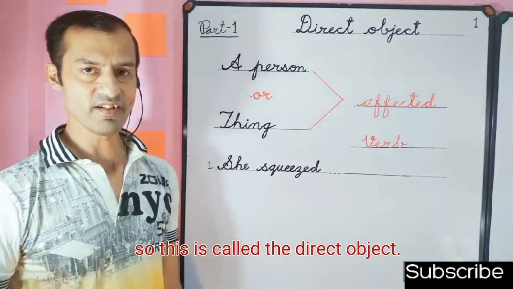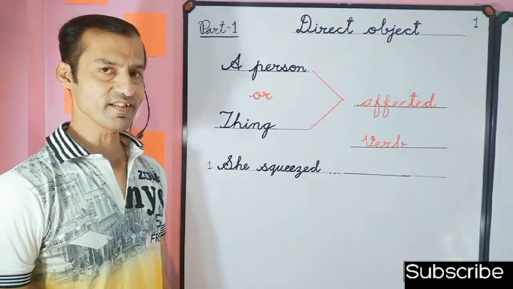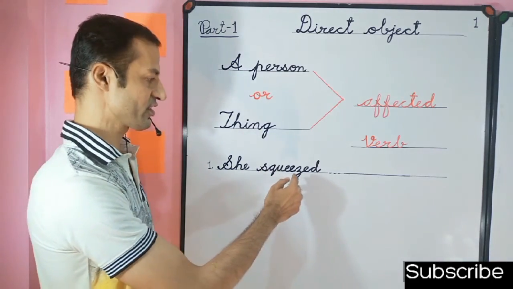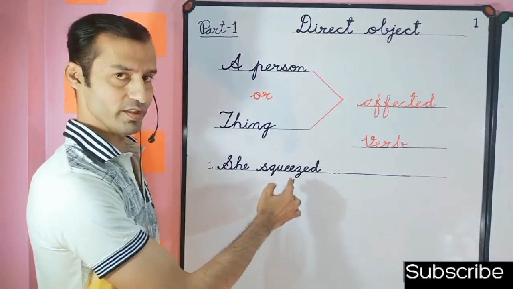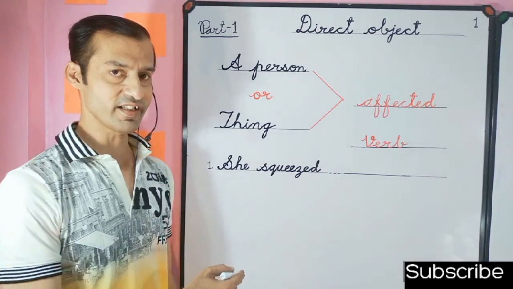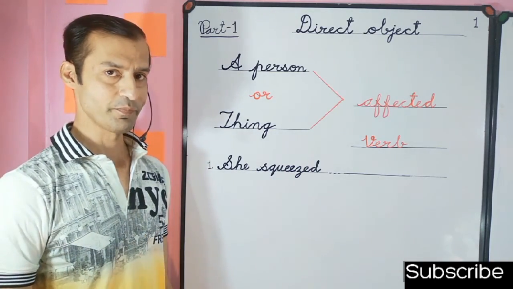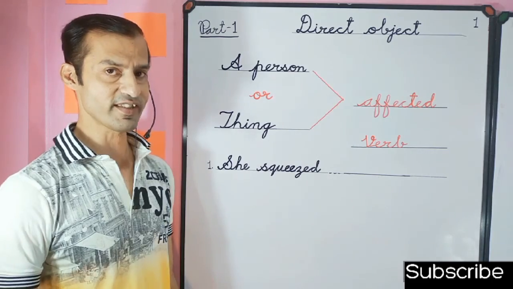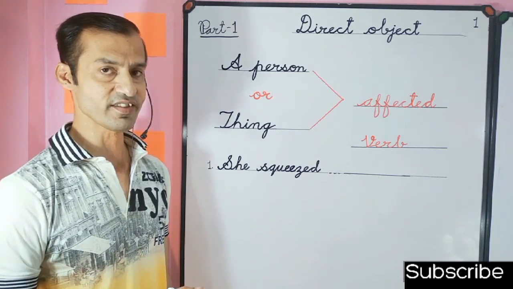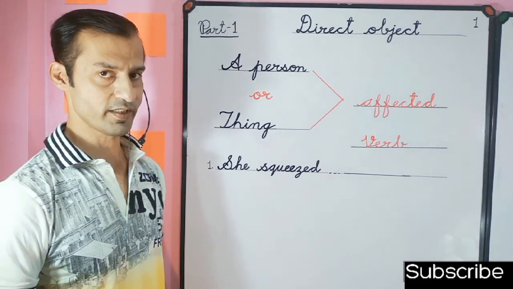In the first sentence, it's written that she squeezed. If I ask the question, what did she squeeze? It's not clear. It has no sense because it doesn't contain any direct object.